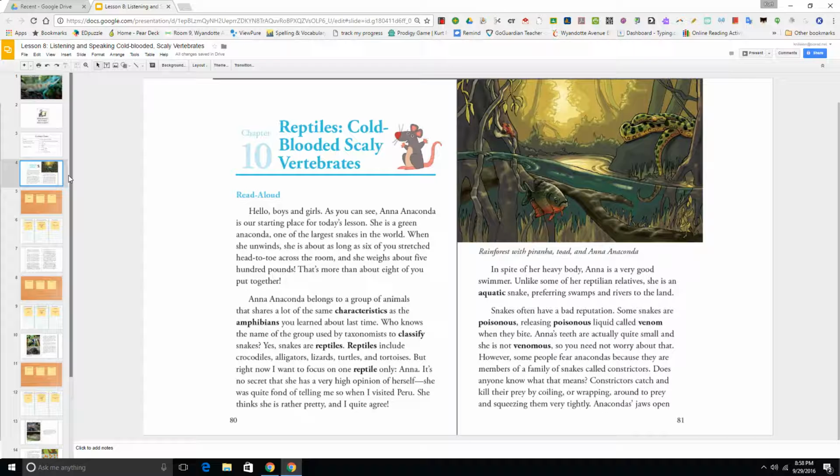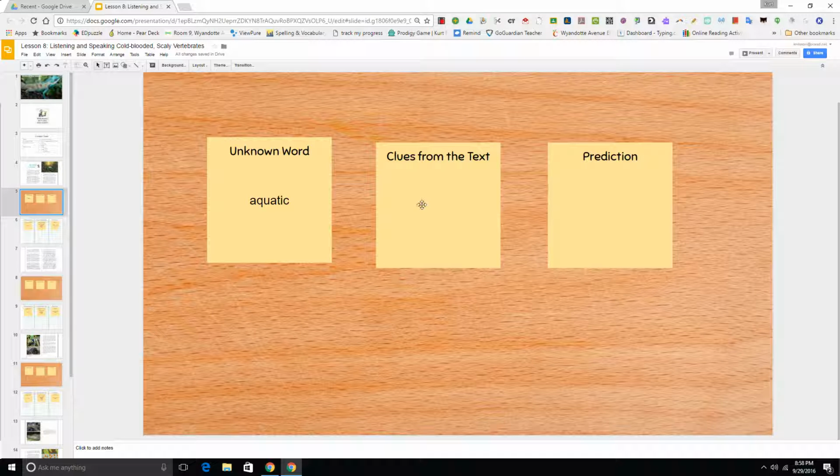Oh, okay. I know what I can put on the second Post-it note. I can write, Anna is a good swimmer. That's a clue. I could also write, swamps. And the other one was rivers, I think.